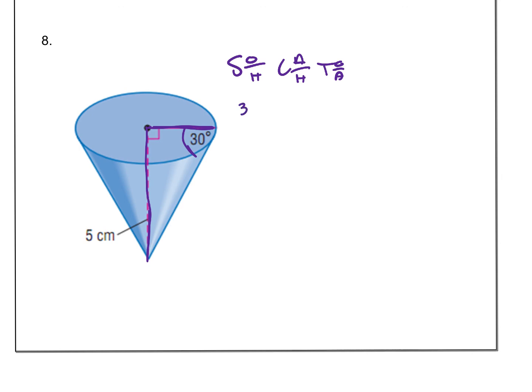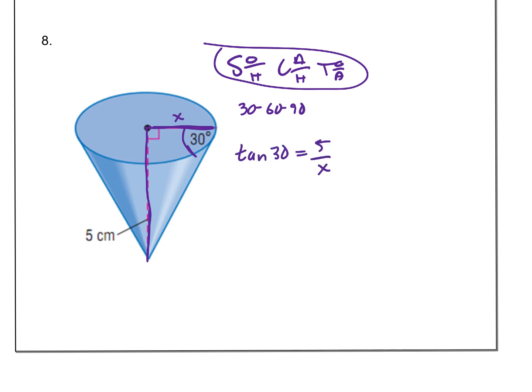Or I could actually do a 30, 60, 90 triangle. But of the two, way more people like that better. So I'm looking again for the tangent of 30 equaling 5 over x.